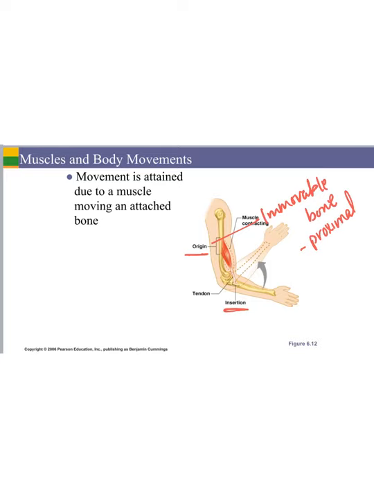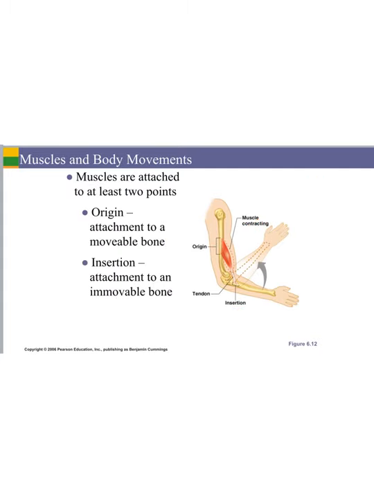And then the insertion is on the movable bone, right? And that's going to be more distal to the joint. Okay, so the origin and the insertion. Oh, and here they are again.